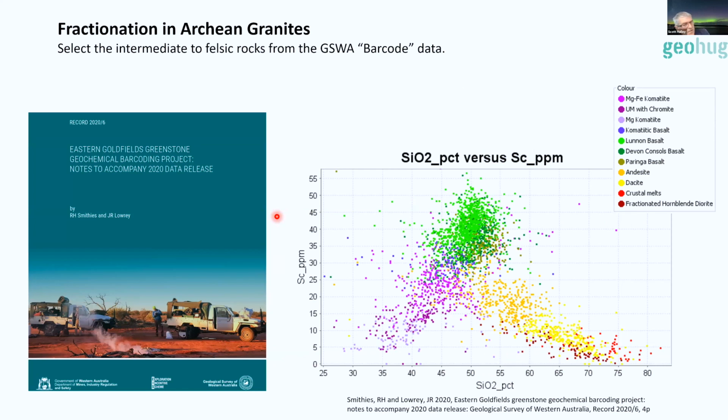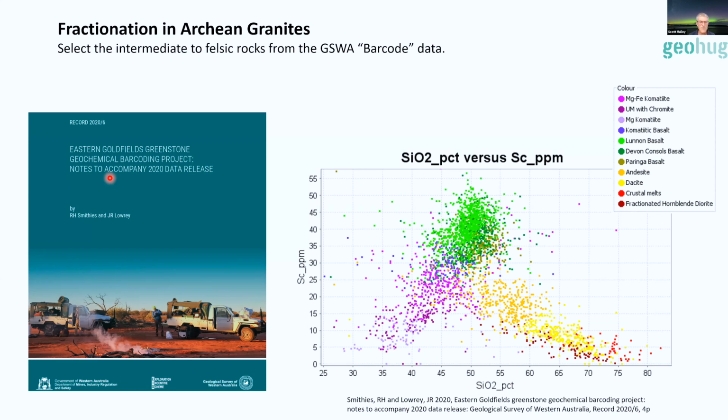Okay, now I'm going to compare those signatures with what we see in Archaean granites. And I guess we've got a few people in the audience from Western Australia. There's a new project being run by the Geological Survey of Western Australia, and they are reanalyzing a bunch of their pulps, and they call it the Barcode Project because they're trying to geochemically characterize the stratigraphy in the eastern goldfields.